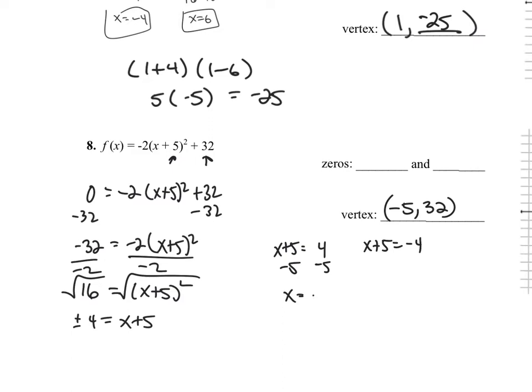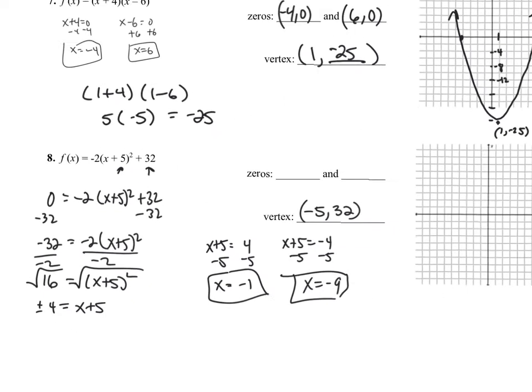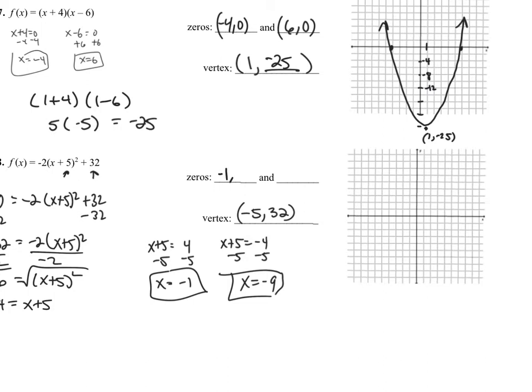So the first one's going to be negative 1, and then the next one's going to be negative 9. So our zeros are negative 1, 0, and negative 9, 0. There we go. And then our vertex is negative 5.